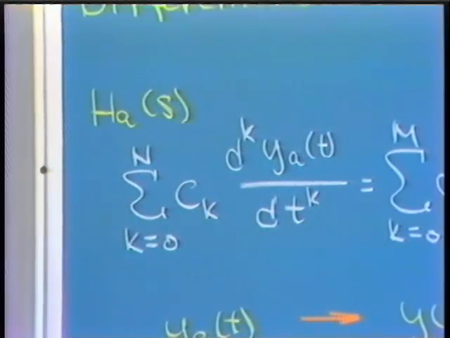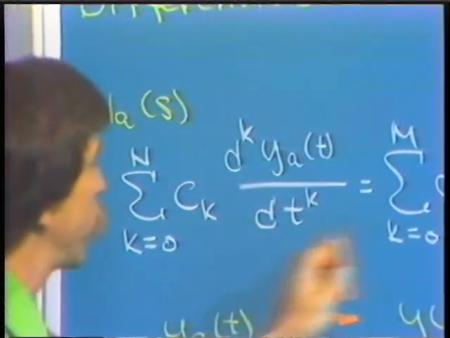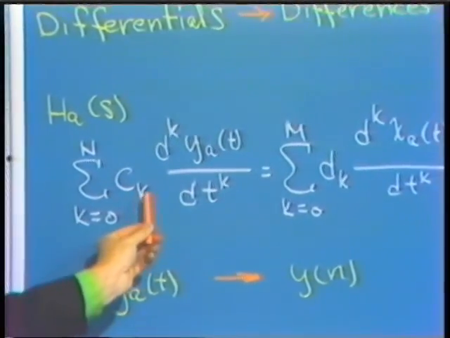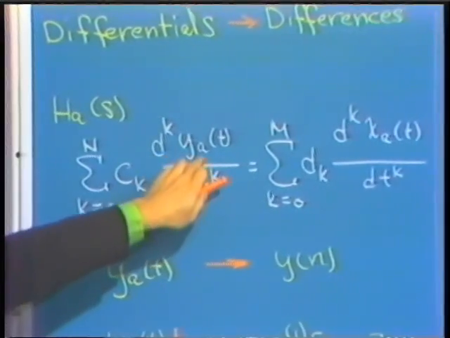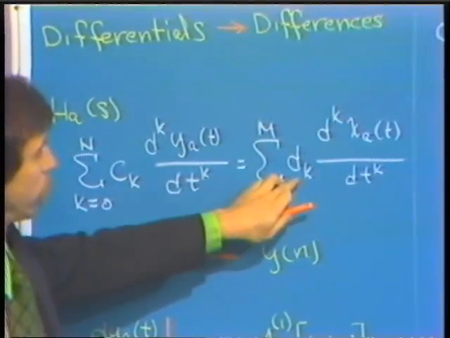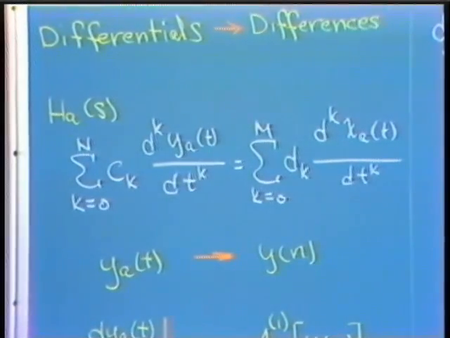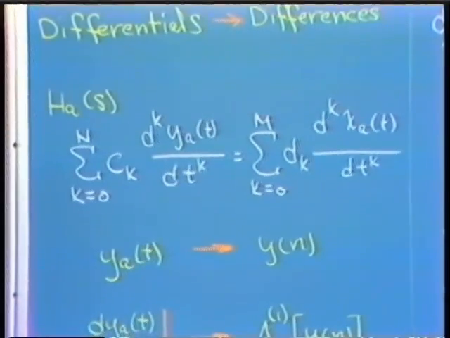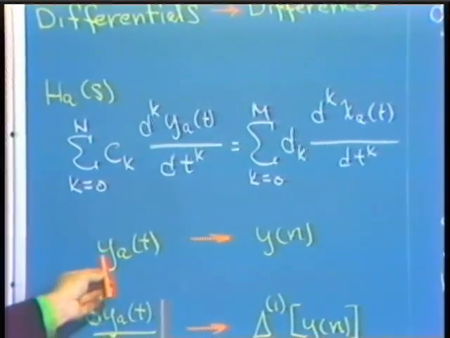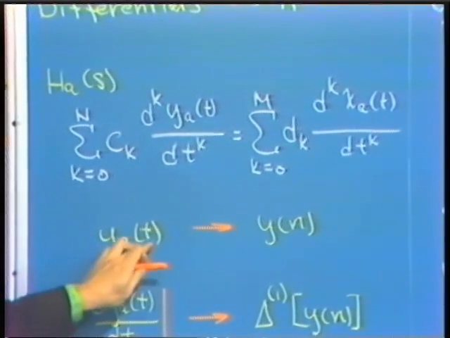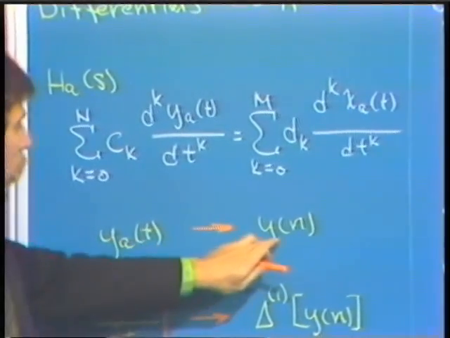Here we have an analog system function, h sub a of s, and the corresponding differential equation. The filter is described in terms of a linear combination of derivatives of the output equal to a linear combination of derivatives of the input. Now, we want to convert this in some way to a difference equation, and so we can consider replacing y sub a of t by y of n.